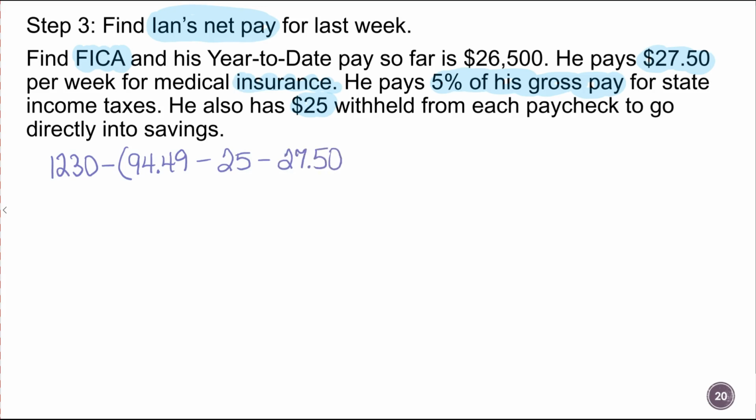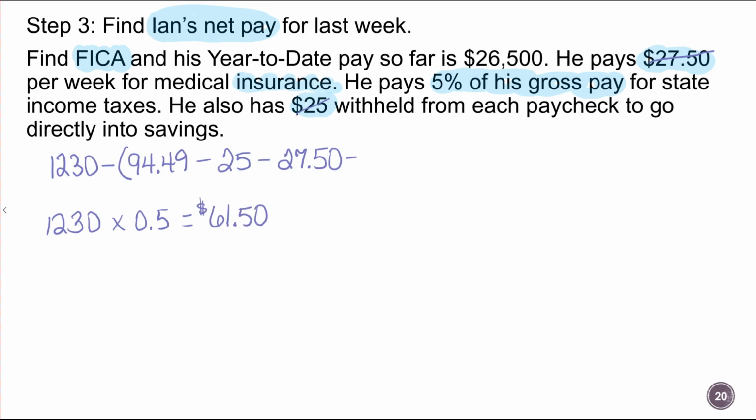We also need to calculate his state taxes. So 1,230 times 5%, because it says 5% of his gross pay will go to state taxes. So you calculate that, and it is $61.50.